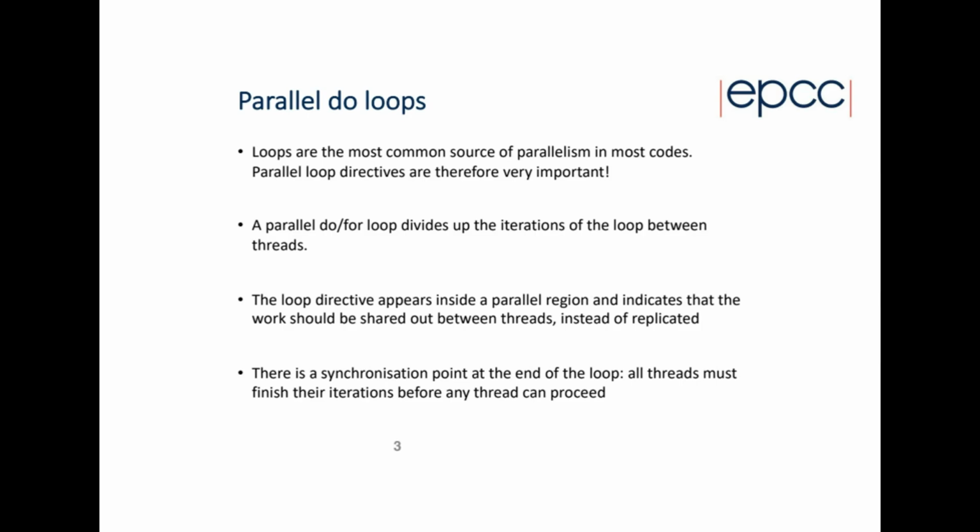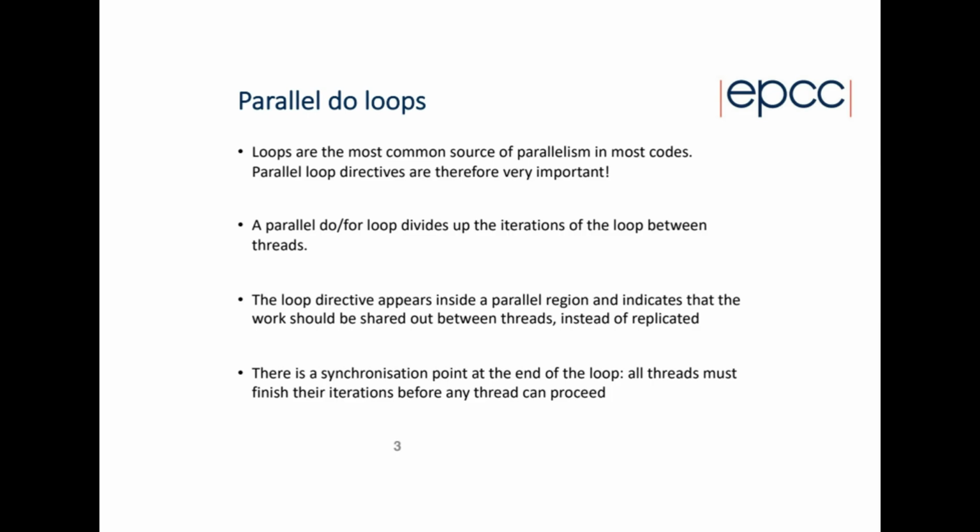So what does this do? It does something very straightforward. If we have a loop inside a parallel region, we have the ability to divide the iterations of the loop between the threads instead of every thread executing the whole loop. The loop directive appears inside a parallel region and indicates the work should be shared out between threads instead of being replicated.